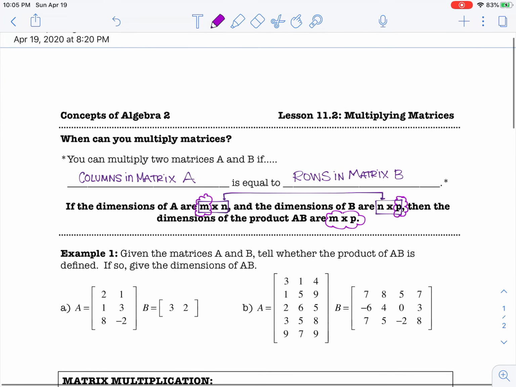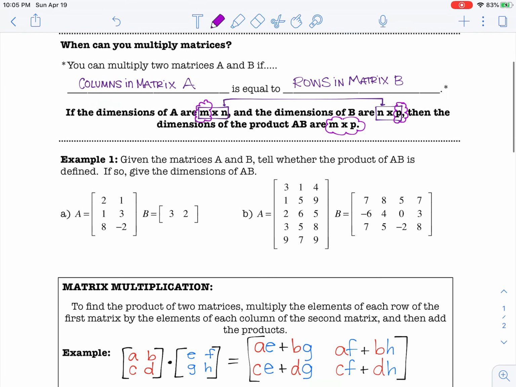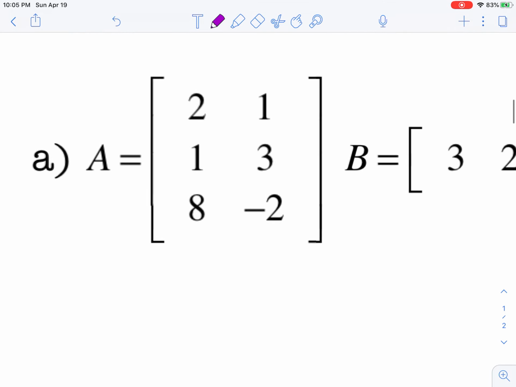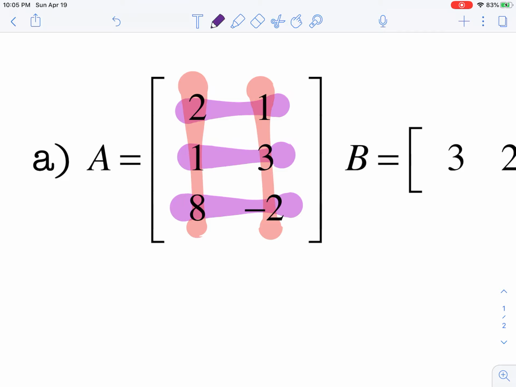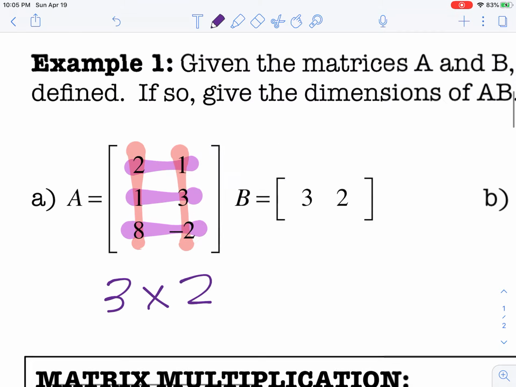And that might seem a little crazy without actually seeing an example. So let's look at one, and then hopefully it makes a little more sense. So let's review how to do our dimensions. We've got rows by columns. This has 3 rows and 2 columns, making this a 3 by 2.